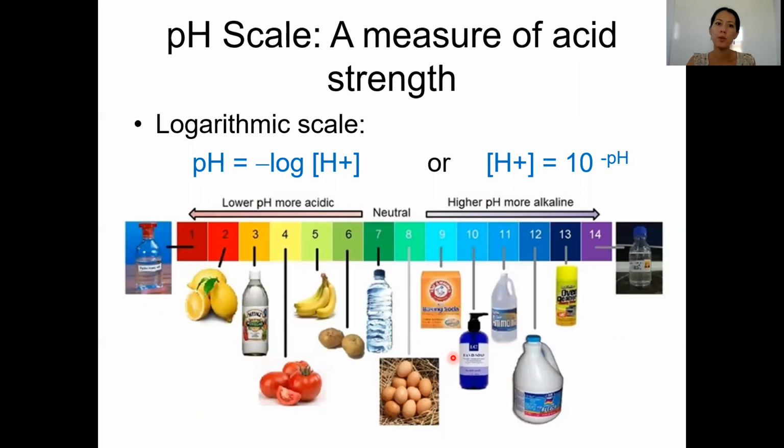You may be familiar with pH. pH is just a measure of acid strength, and it uses the logarithmic scale, which is powers of 10. So the lower the pH, the more acidic. The higher the pH, the more basic or alkaline. So here are some common household substances.